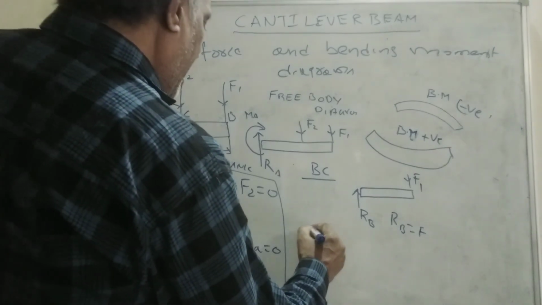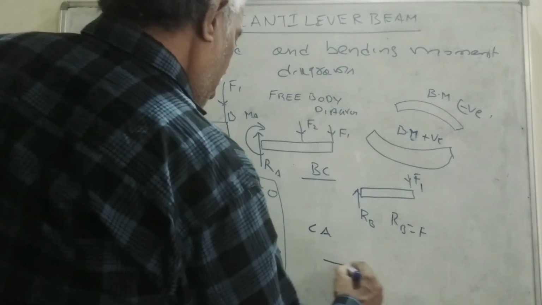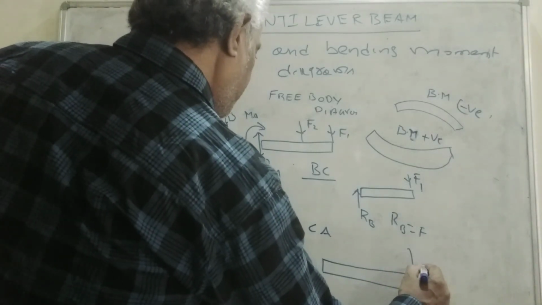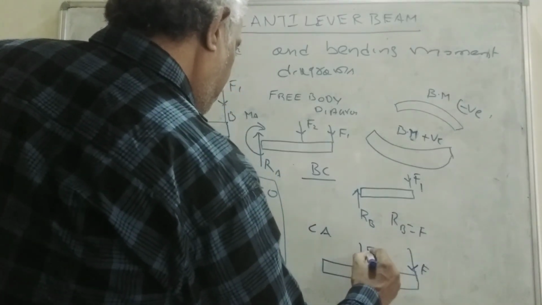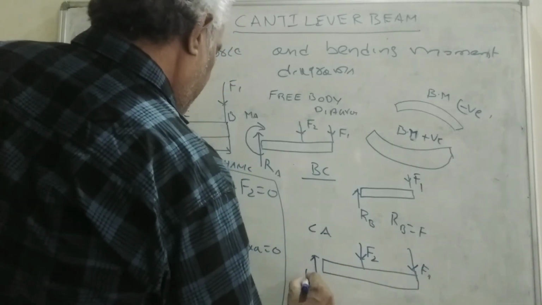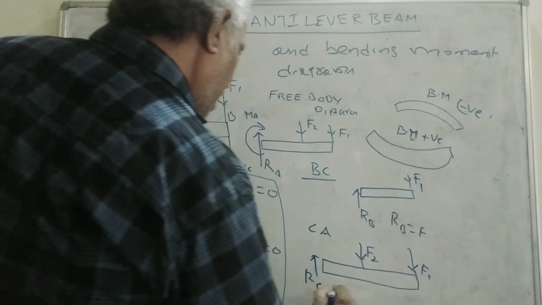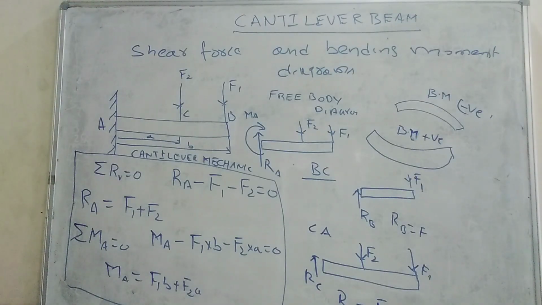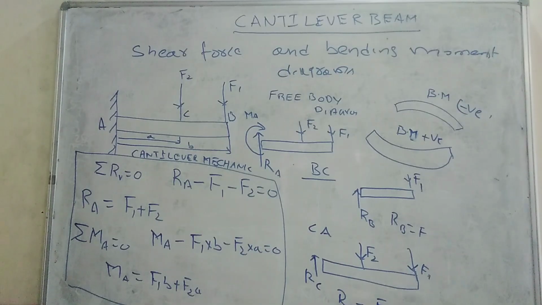Similarly, section CA, with F1, F2, and RC. So RC is equal to F1 plus F2. So this completes the shear force analysis of this cantilever.